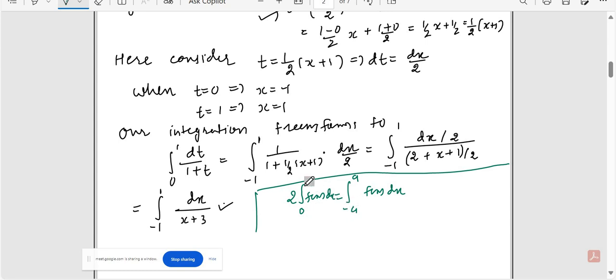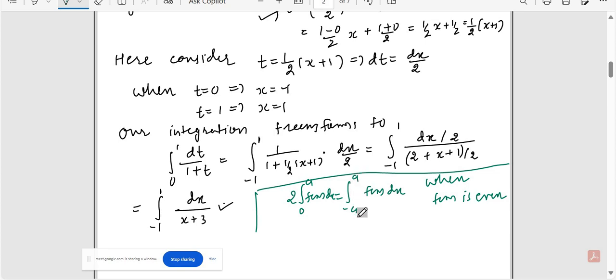Saumil, when will this happen? When the function is even. Saumil, if the function is not even, then you cannot go with this one. Okay, everybody understand what Saumil says?